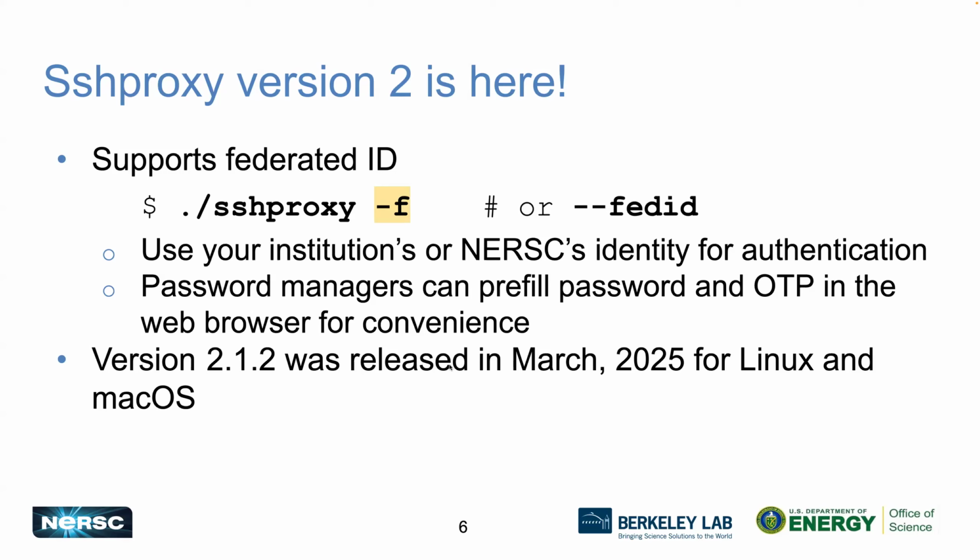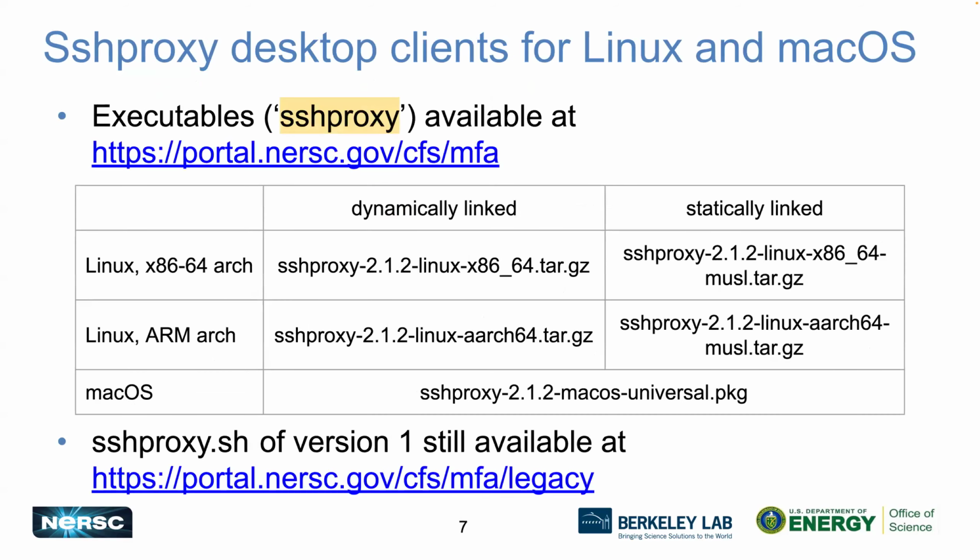And last week, we released version 2.1.2 for Linux and macOS here. So where to get these desktop clients? The client's name is now called sshproxy instead of the previous sshproxy.sh.